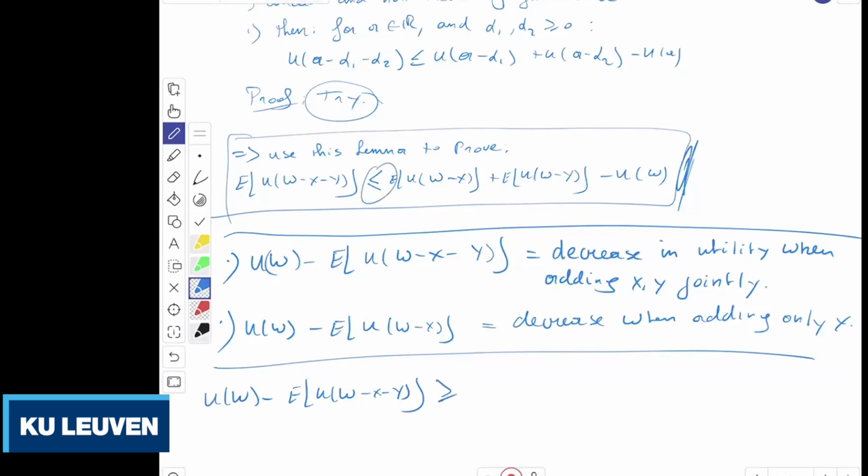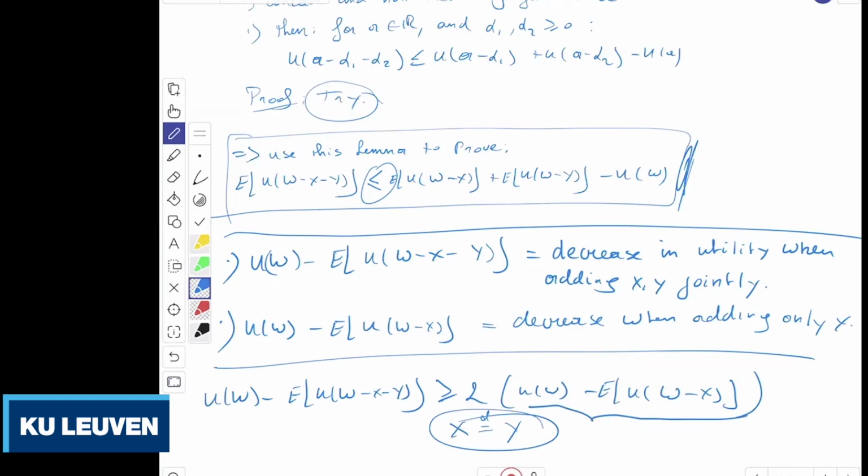You have here this inequality, you have the minus in front of the utility, so it reverses. It's 2 times u(w) minus expectation u(w - X), provided X and Y are equal in distribution again, where this is what we previously called delta. All right.